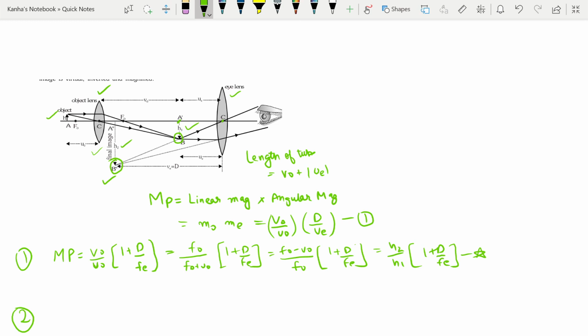In that case, if I take my v e to be equal to infinity, then that implies that my u e turns out to be equal to f e. This is for image at d. This is image at infinity.